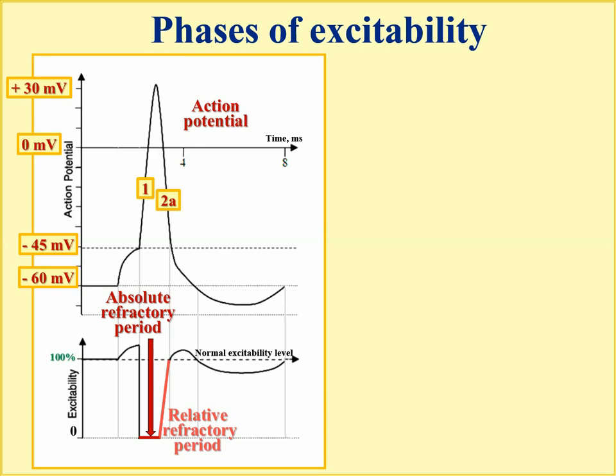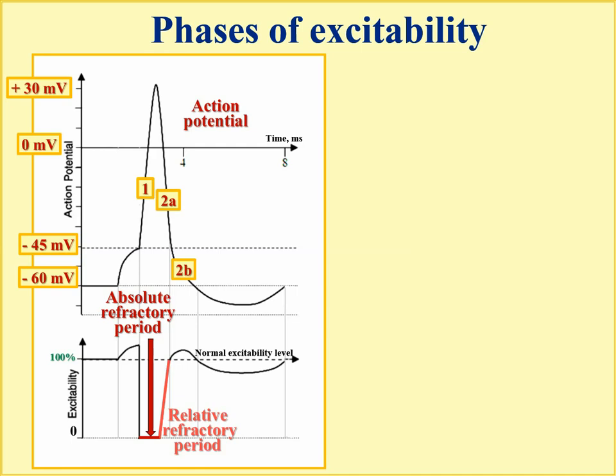Then the last portion of the repolarization, part 2B, corresponds to the moment when we pass nearby the threshold, and here a very weak stimulation can result in generation of an action potential, because by this moment all the channels are already restored. They are restored very quickly. And the potential is close to the threshold, so a little stimulation, smaller than normal, can be enough to produce a new action potential.